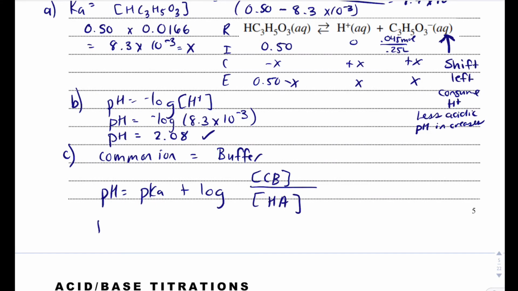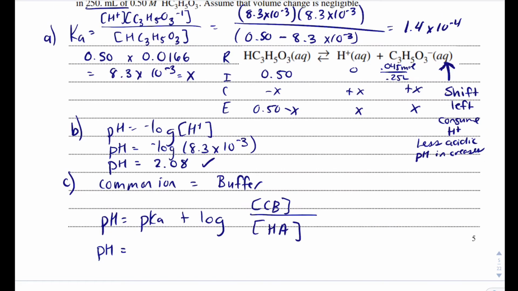And that's going to be pH equals pKa. pKa is the negative log of Ka. We had solved for the Ka, that is 1.4 times 10 to the minus 4. So minus log 1.4 times 10 to the minus 4 plus the log of this molarity. Let me plug that in.